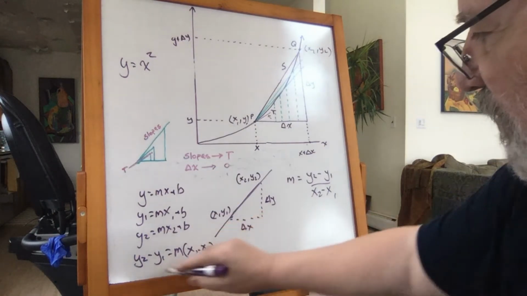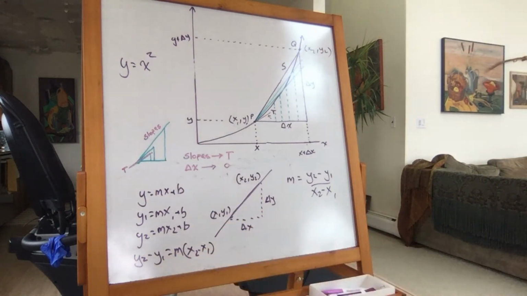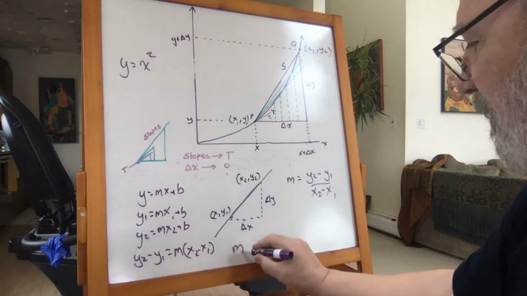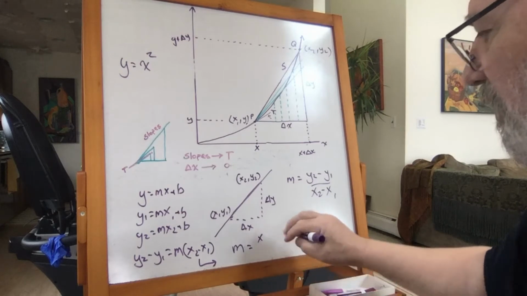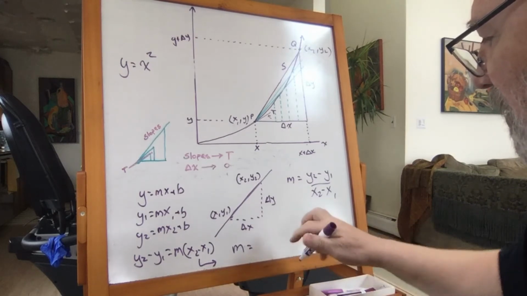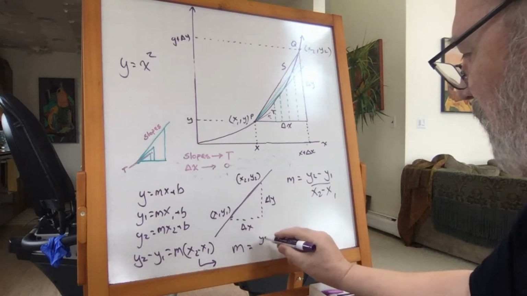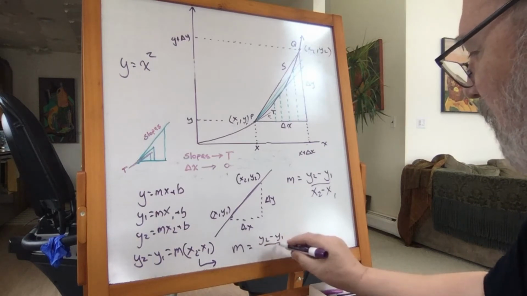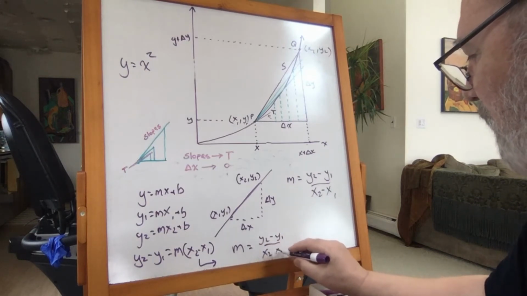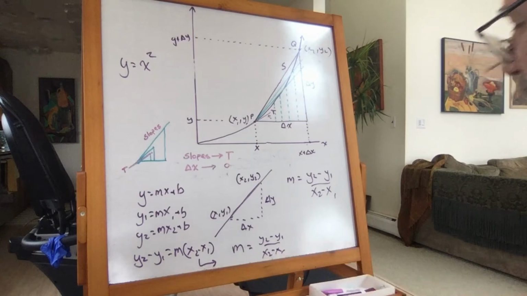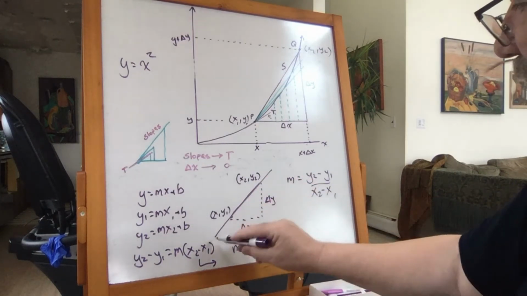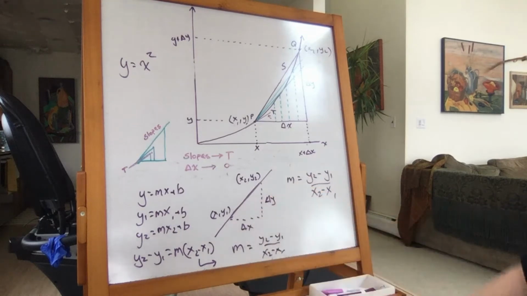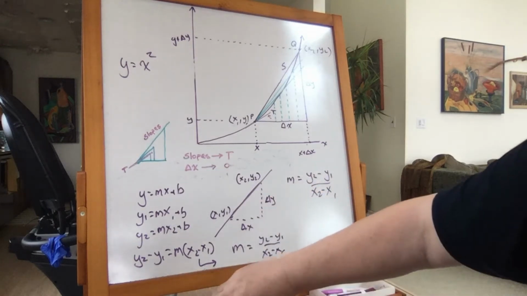And then we just divide this, and we have the slope. m equals y2 minus y1 over x2 minus x1. And it doesn't matter anywhere along the line, it's always going to be the same. The slope will always be the same.